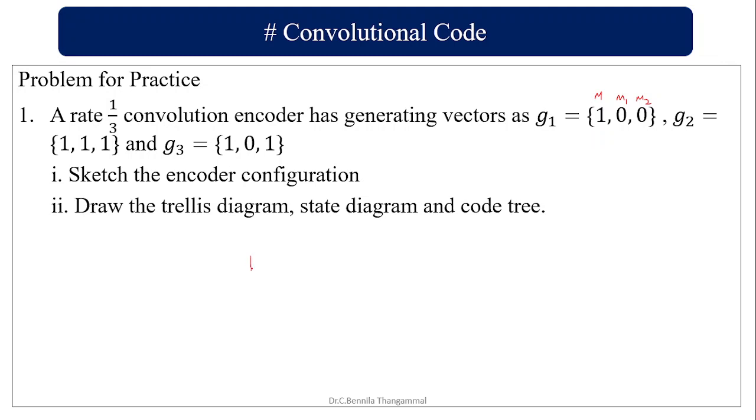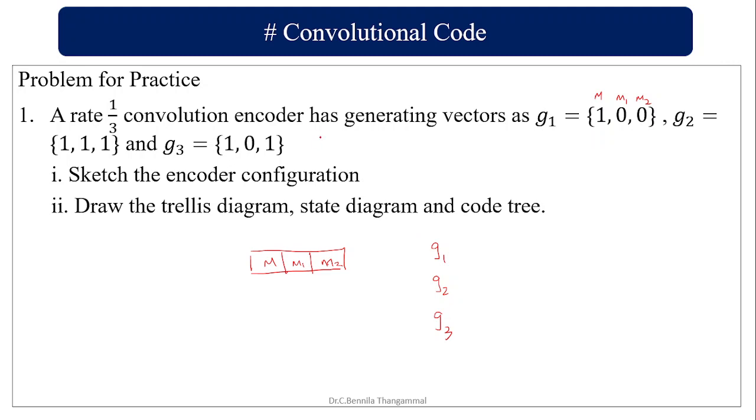So here this is going to be your single bit input where 2 bits are going to be shift registers. So this is going to be M, M1 and M2. So how many outputs do you have? G1 is going to be one output, G2 is going to be another output, G3 is going to be another output.